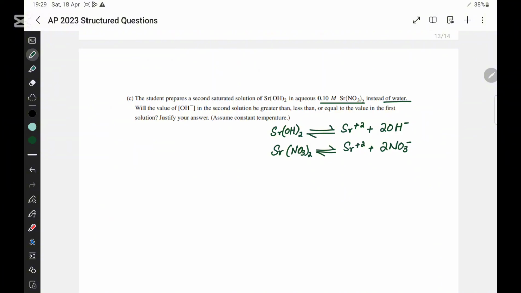So you can see one thing, because of the common ion effect, the strontium ion is common, it increased the quantity of strontium ion there, which caused the equilibrium to move towards the left-hand side and caused the quantity of OH ion to decrease. So how can we write it? That it is going to be less than. Why is it going to be less than?